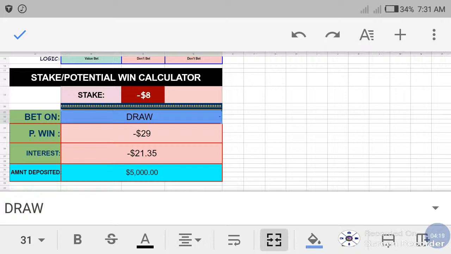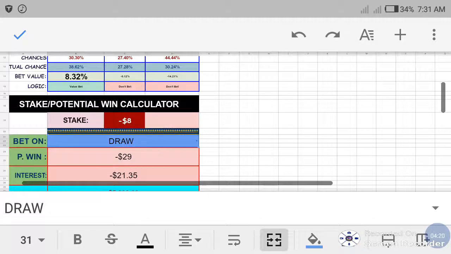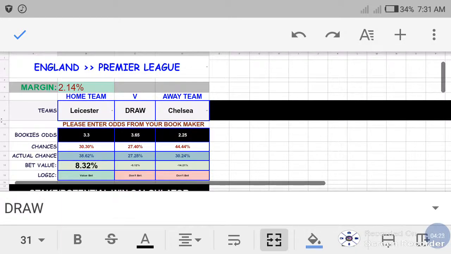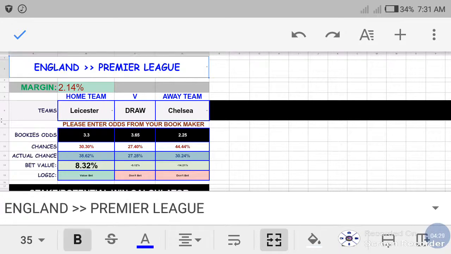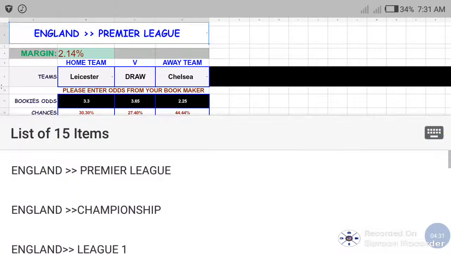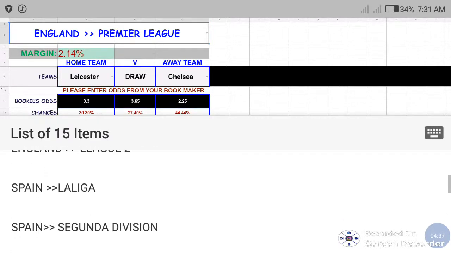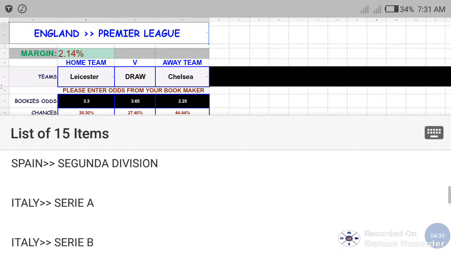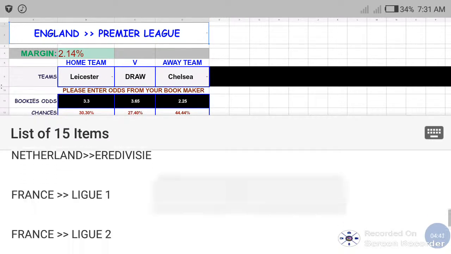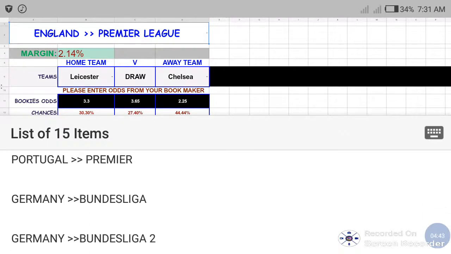So assuming you are not okay with this one, you may like to try a different game from another league. Remember, we cover around 15 leagues for now. You are always allowed to hunt for value in a different league. For instance, let's try Bundesliga.